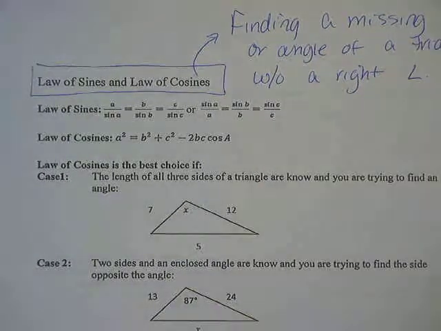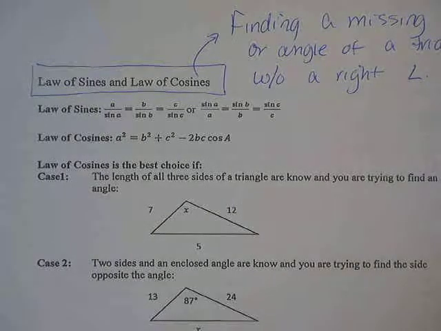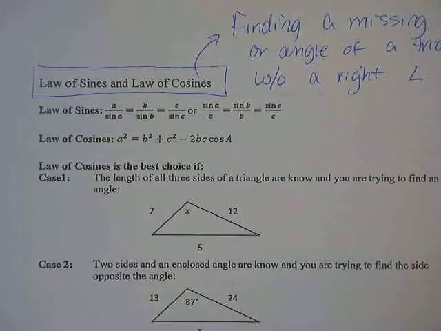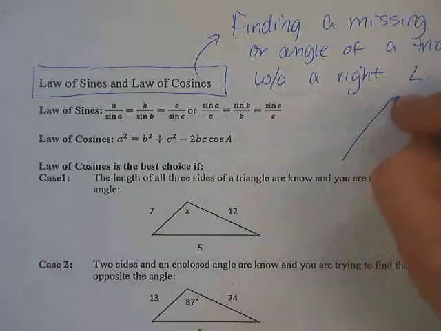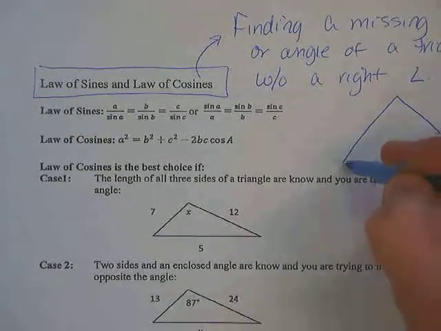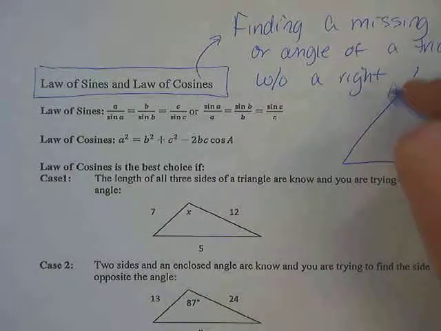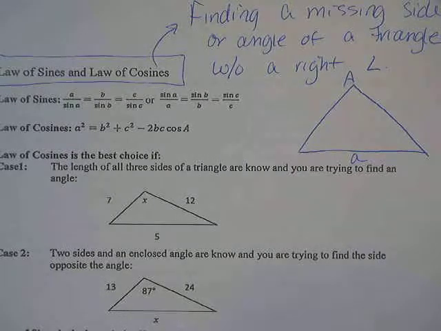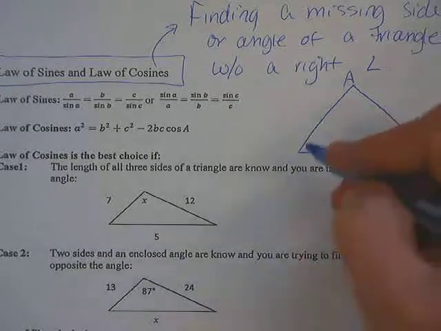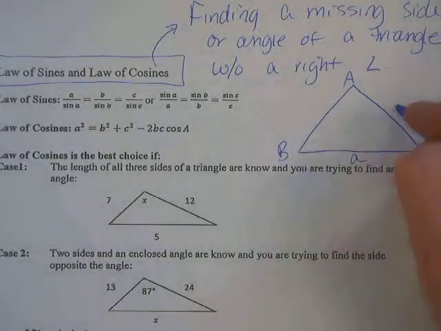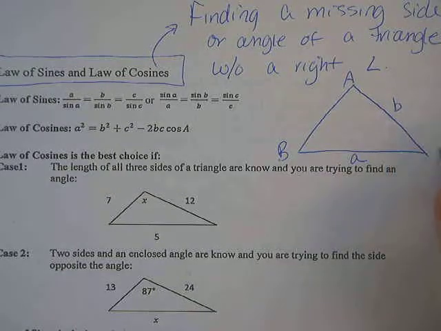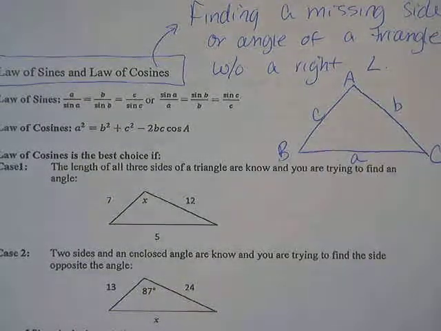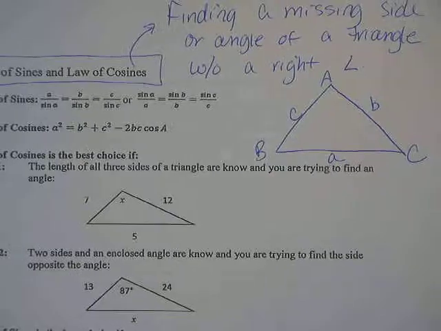One of the first things to know, and I don't want you to get caught up with these labels, they're there as a reference, like what we talked about with the area formula, where big A is across from little a, big B is across from little b, and big C is across from little c.